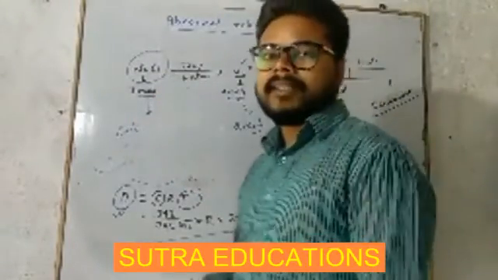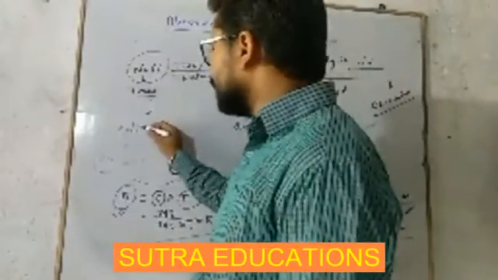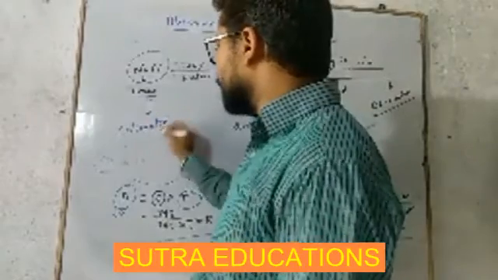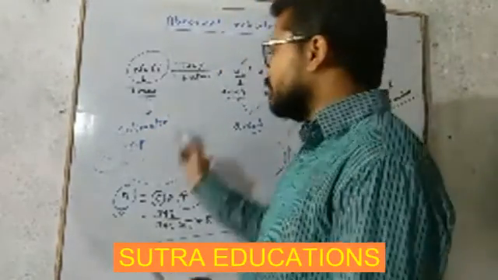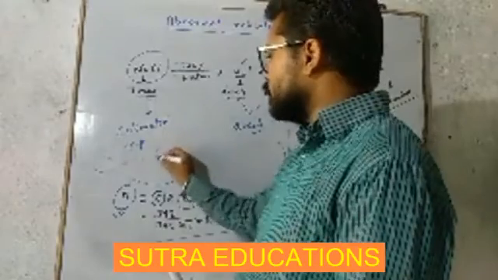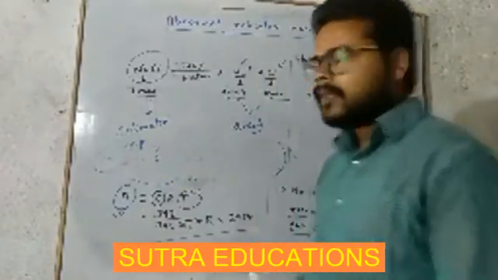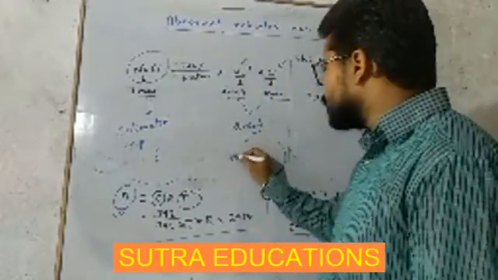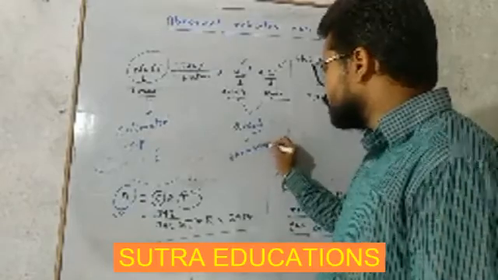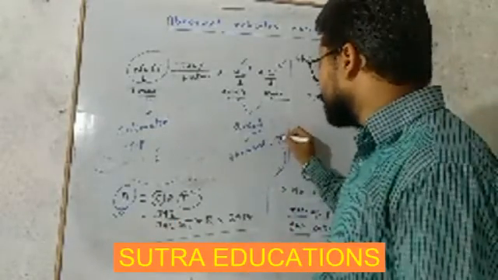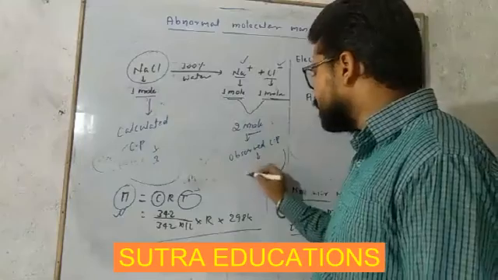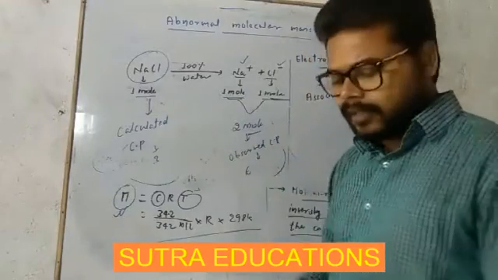So this will be the calculated colligative property. This NaCl will give you the calculated colligative property Cp. Say in this case the value is 3, then the experimentally obtained observed colligative property will be 6. Why?